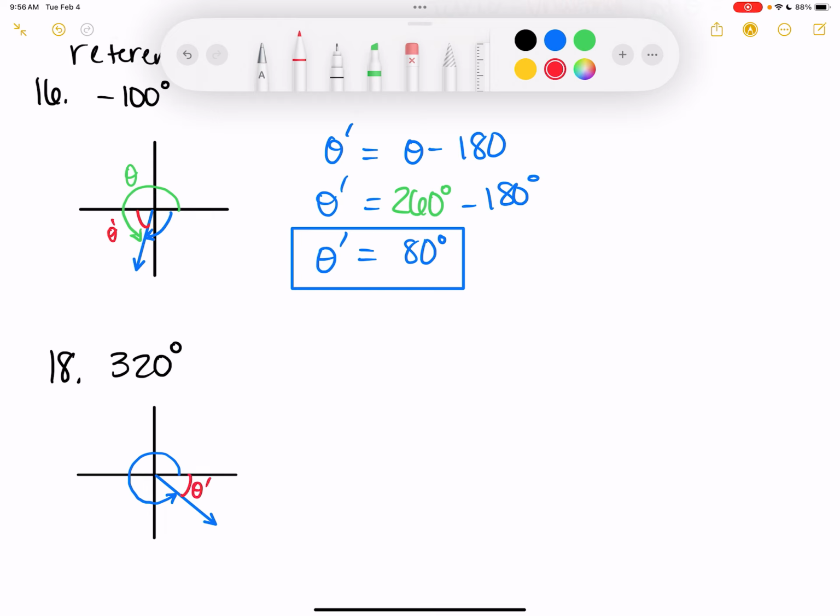Now, in quadrant 4, the formula in degrees is theta prime equals 360 minus theta. Theta was 320 for this one, so we've got 360 minus 320. So theta prime is 40 degrees.